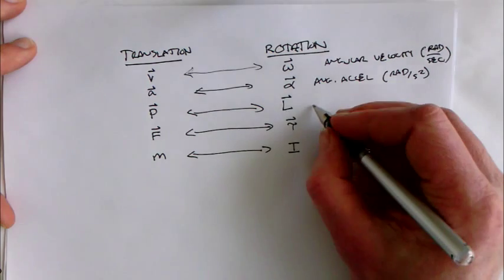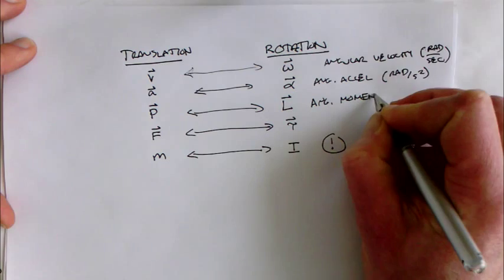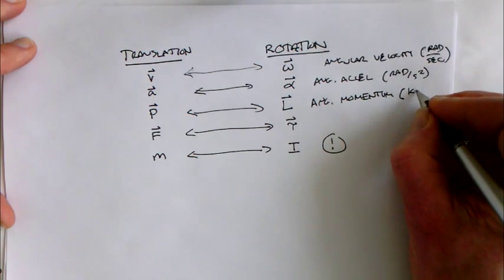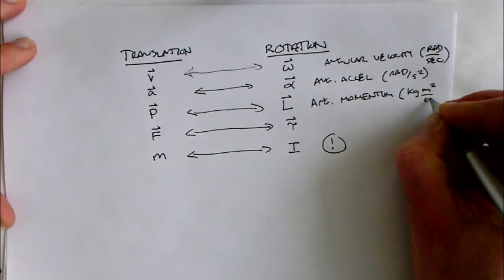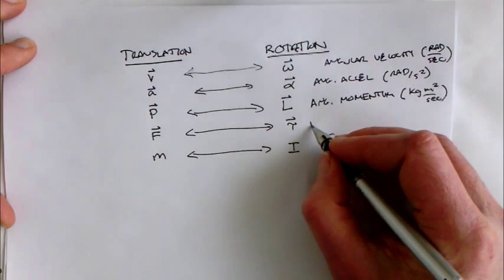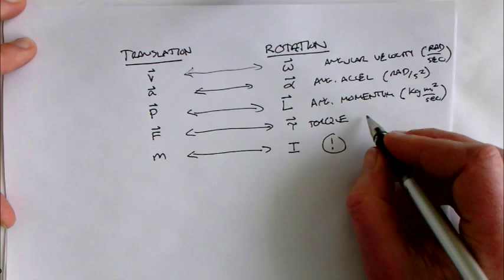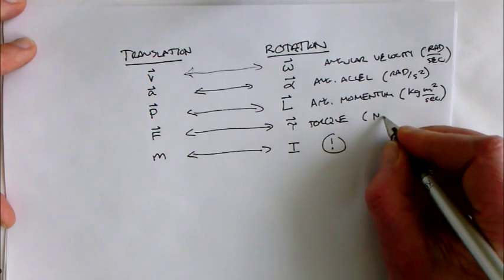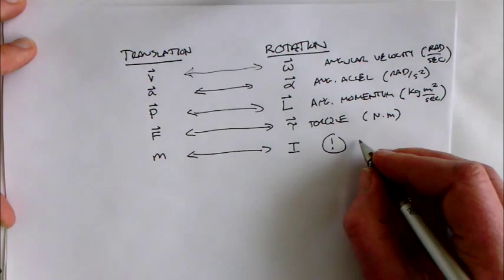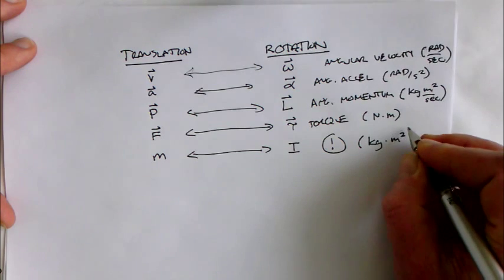Angular momentum is denoted by L, and its units are kilograms meters squared per second. Torque is denoted as tau, as a vector. Units of that are Newton meters. And moment of inertia has units of kilograms meters squared.